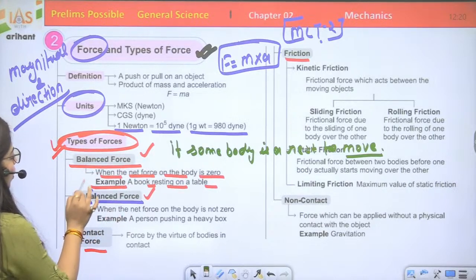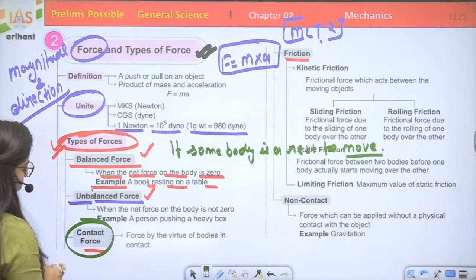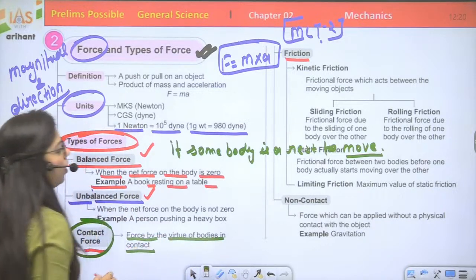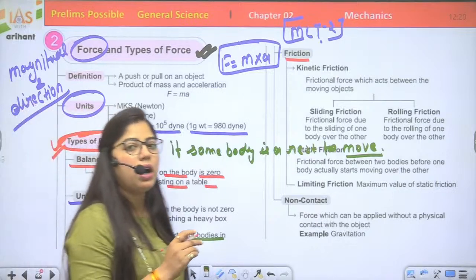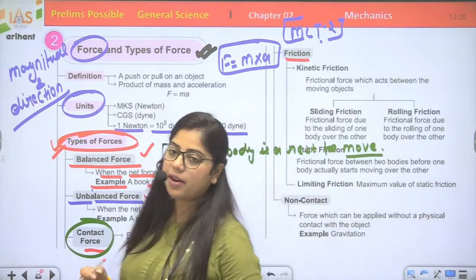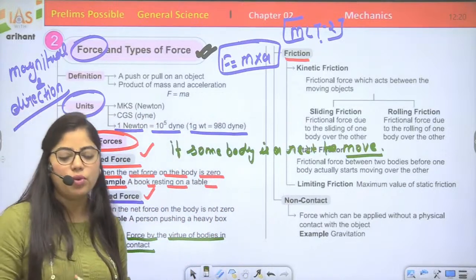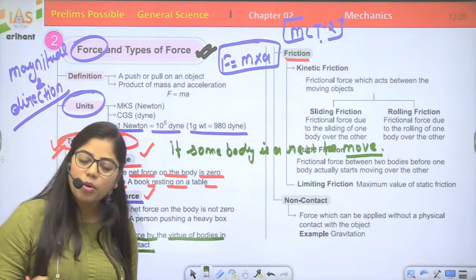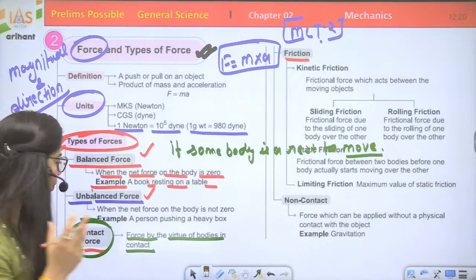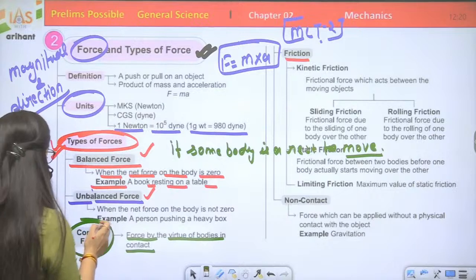Another type of force is contact force. Contact force exists by virtue of bodies being in contact. There are many types of contact forces like frictional force, tension force, normal force, air resistance, applied force, and spring force. You can note down all these forces.